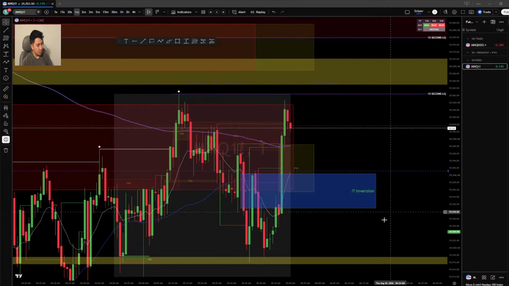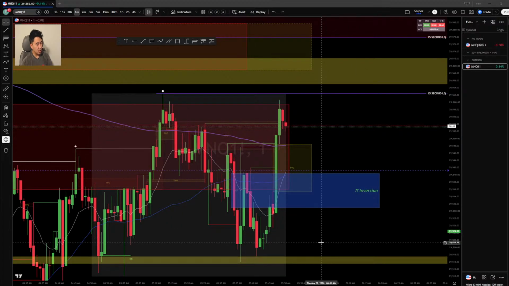See, we could get a pull back into this bullish inversion zone for another setup.